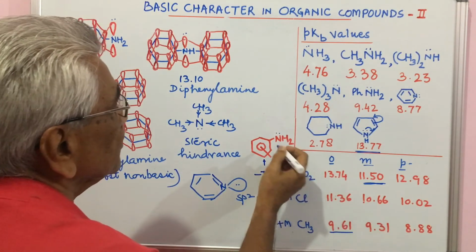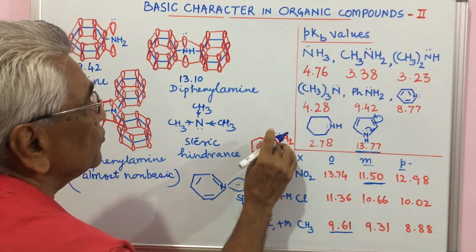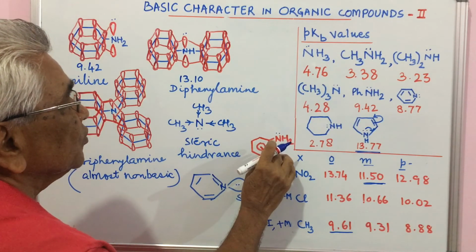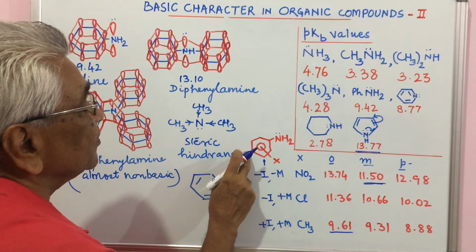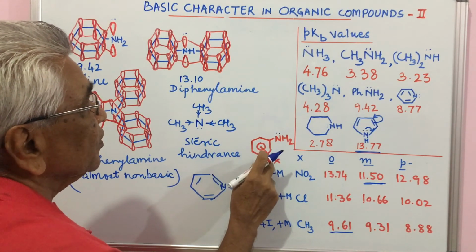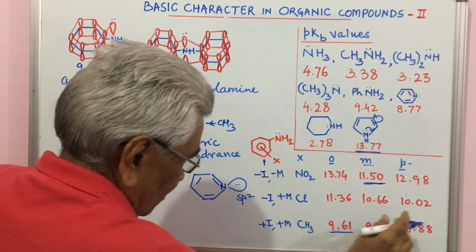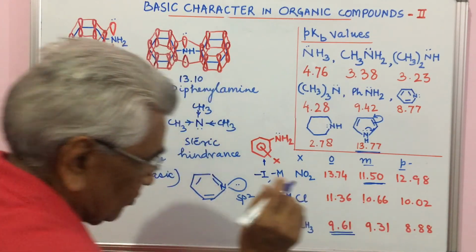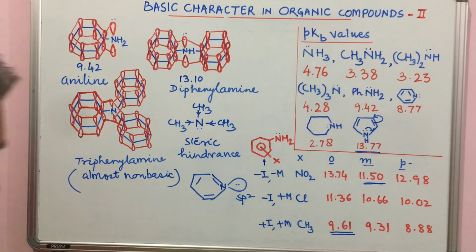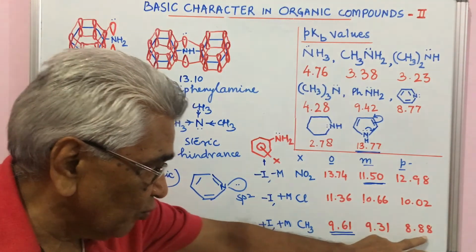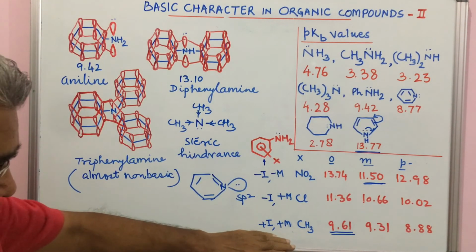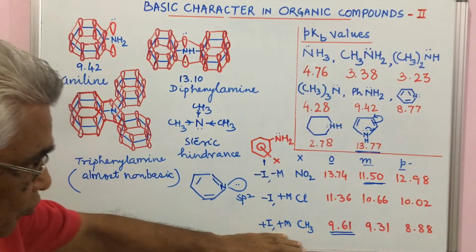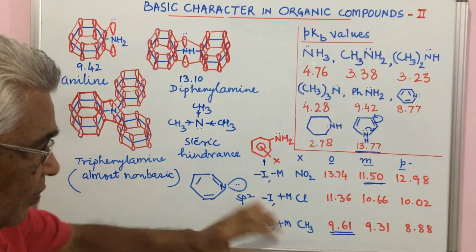This decreases with distance, ortho nearest, para far. So, here the effect is lesser than over here, than over here. This value 9.61 is higher than this, rather this 8.88. Try to understand this by the plus hyperconjugate effect of methyl group.